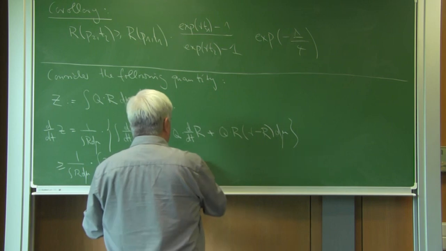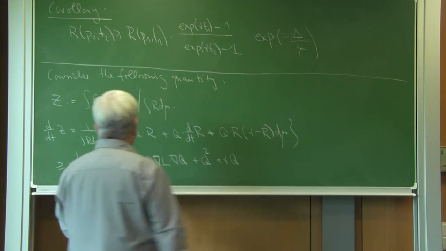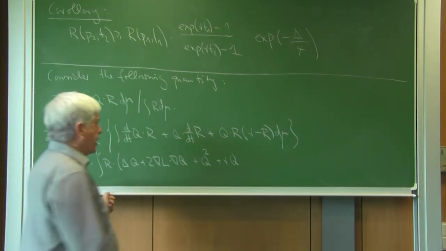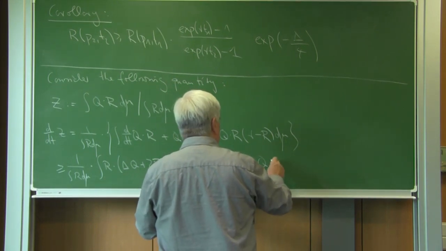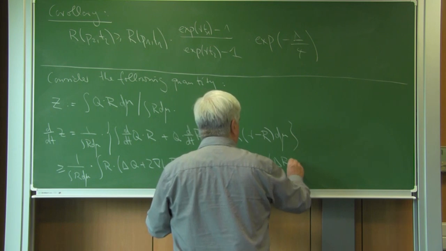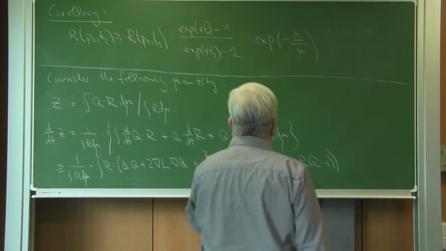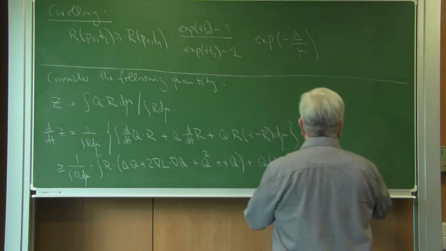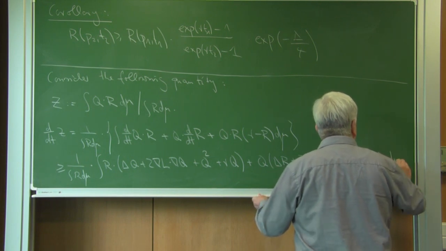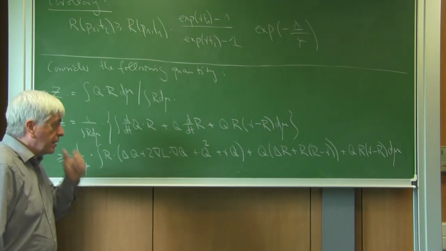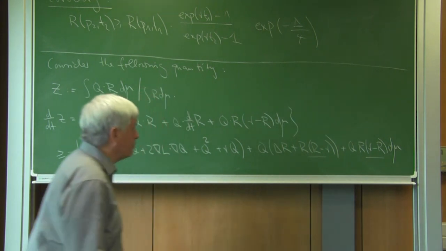And then there was plus q squared, and then there was plus little r times q. And on the other hand, the next term gives us q times the Laplacian of r plus r times r minus little r, and then finally we have plus q times r times little r minus capital R. Notice here that this term just cancels perfectly this term.